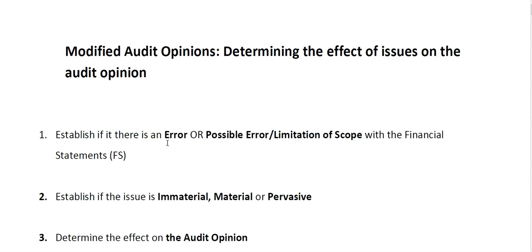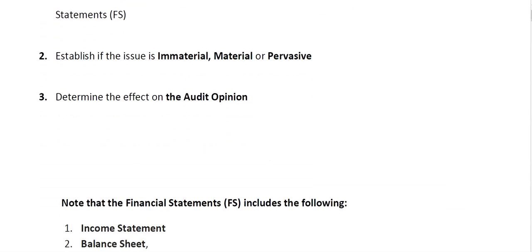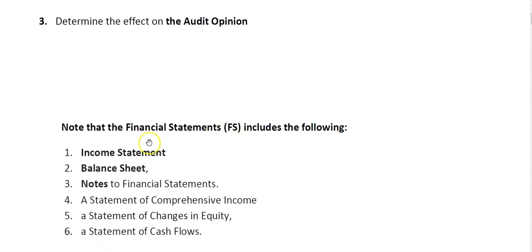So the mistake will be something where the company has accounted for something incorrectly that is not in line with accounting standards, or else they've disclosed something incorrectly. So it can be an error in the income statement, an error in, so if we look down here, any of these, an error in the income statement, balance sheet, notes or disclosures as they're sometimes known. But really we look mostly in questions at the income statement, balance sheet, and the notes or disclosures.